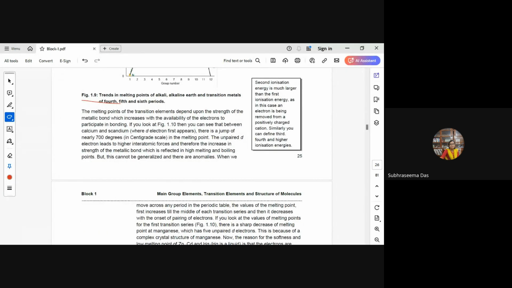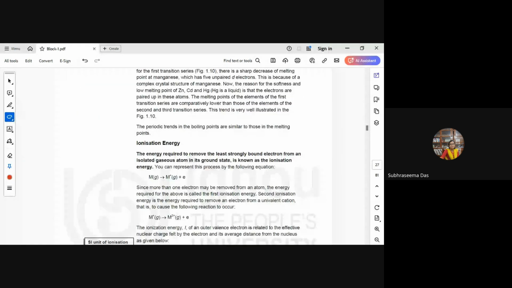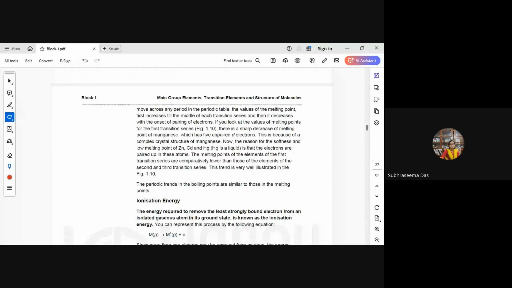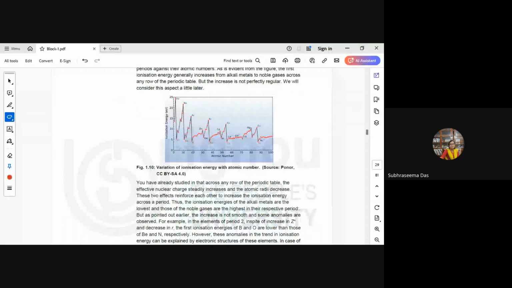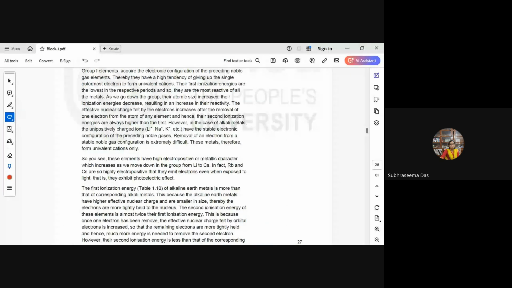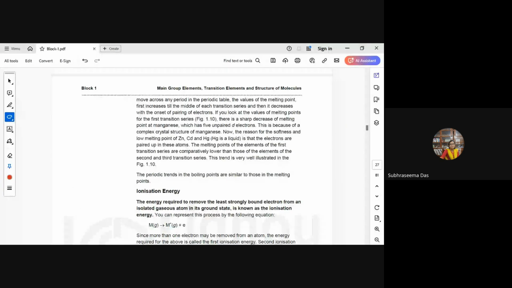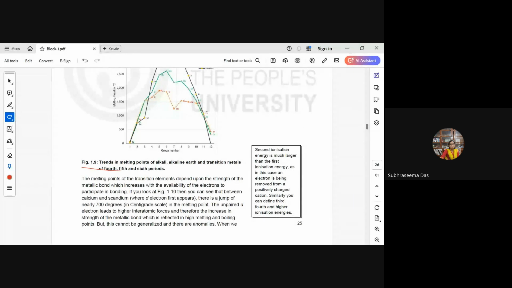If we look into figure 1.9, the variation of the melting point, we can see that between calcium and scandium, where the d electrons first appear, there is a jump of almost 700 degrees in the melting point.